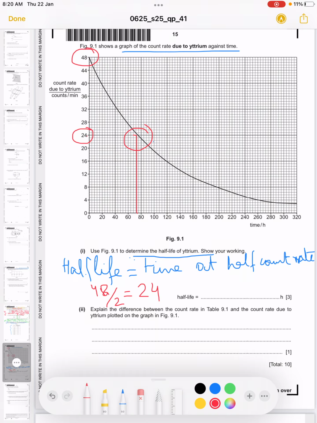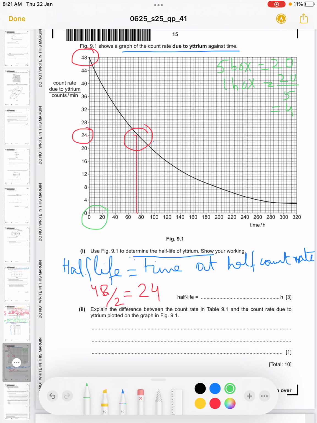Now we will read the graph. We know that the small 5 boxes will give you 20. 5 boxes equals 20, so 1 box equals 20 divided by 5, so equals 4. It means one small box is 4, right?